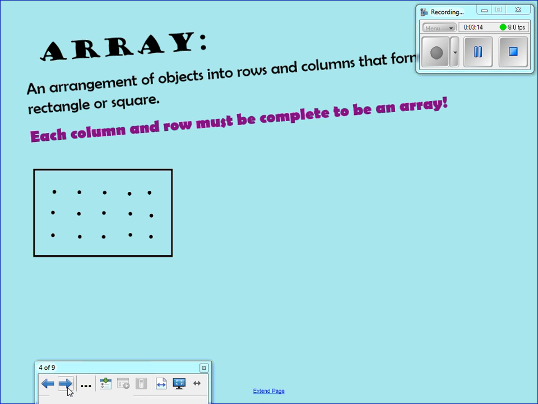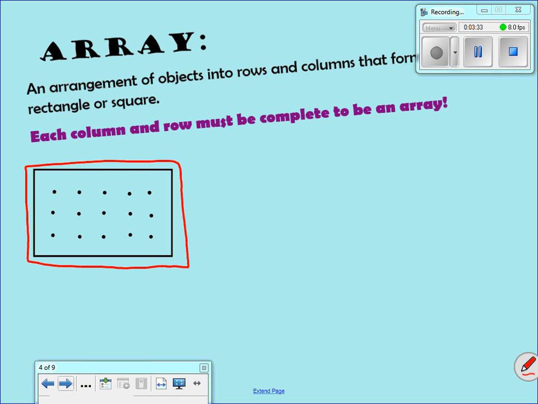So you guys know a few ways to find factors of a larger number. One of the beginning concepts you guys learned was using an array. An array is a square like this with dots in it.